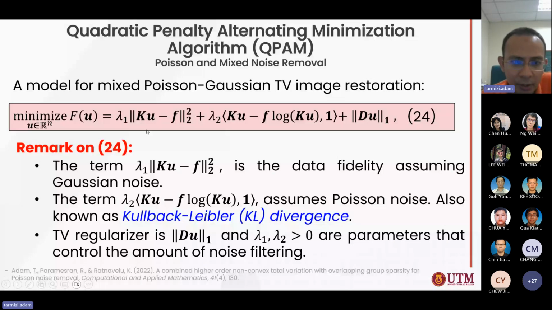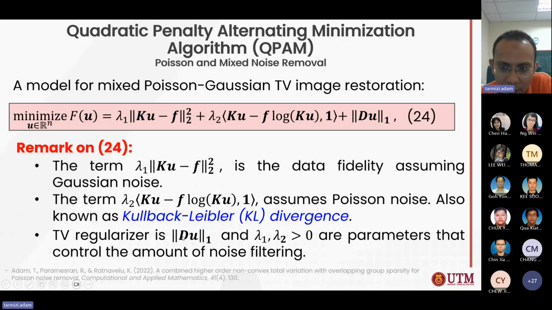This one is for the Gaussian noise, the L2 norm. For this one, if you remember the distribution of the Poisson that I discussed in the beginning, if you do the MAP estimator, then you will get something like this. In the image processing literature, we call this the Kullback-Leibler divergence. We're going to minimize this using the QPAM algorithm.